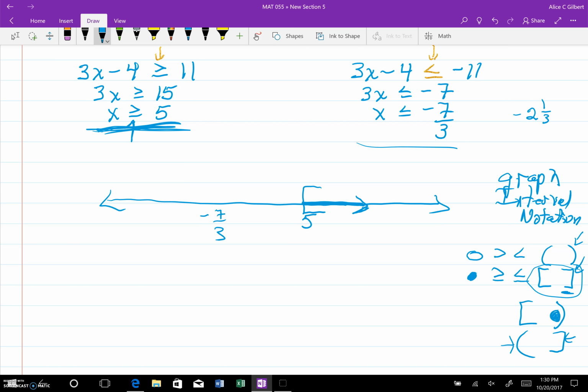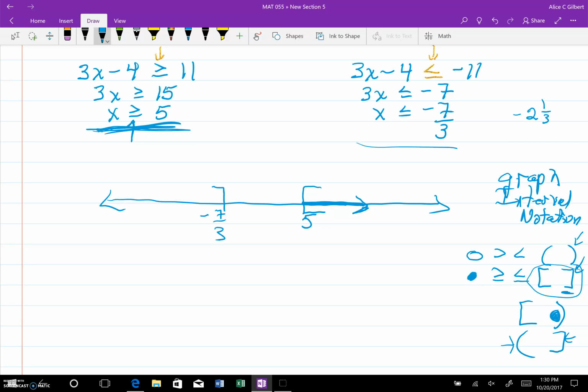Let's go with negative 3. Is negative 3 less than or equal to negative 2 1/3? It is. Is negative 4 less than that? It is. If I go the other way, let's take 0. Is 0 less than or equal to any negative number? It is not.